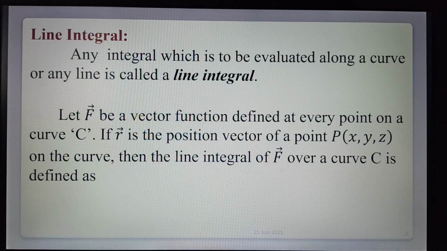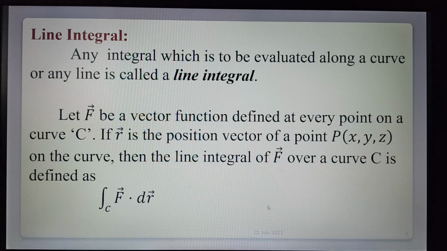Assume f bar is a vector function defined at every point on a curve C, and r bar is the position vector of a point P on the curve. Then the line integral of f bar over the curve is defined as integration over C of f bar dot dr bar.